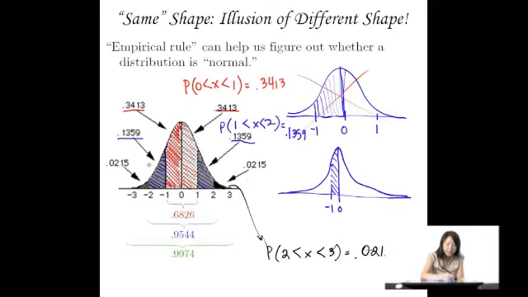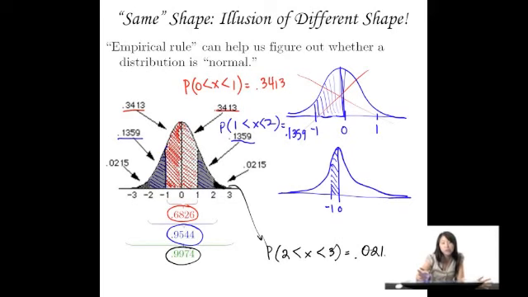All right, but it is sort of handy to know that if you go around 1 standard deviation out, then you'll cover 68% of that total area. If you go 2 standard deviations out, that's about 95.5%. And when you go out all the way to 3 standard deviations out, you get 99.74%.